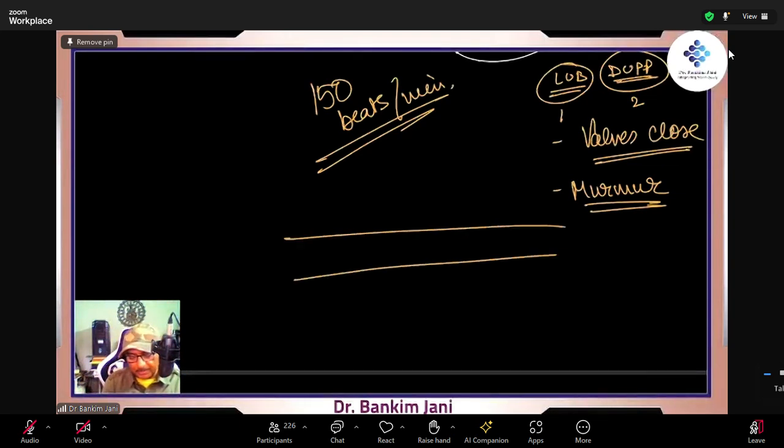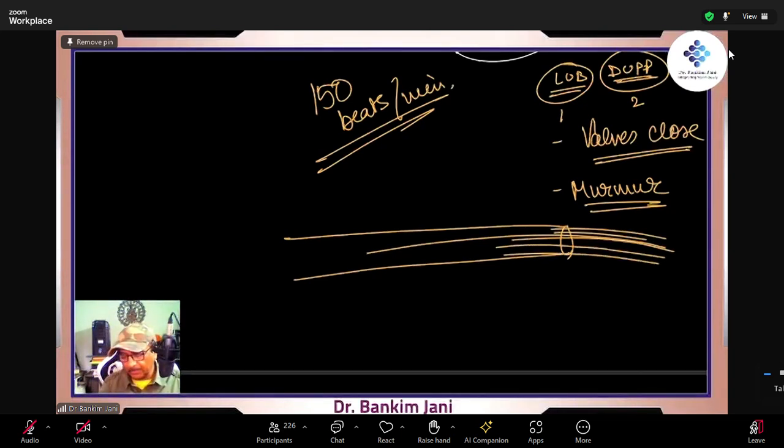Take this example. Take a water tube, right? And then the water is going, there is no sound. Then what you do is you try to pinch it, squeeze it. And now you'll see that a sound will appear, correct? That is the murmur.